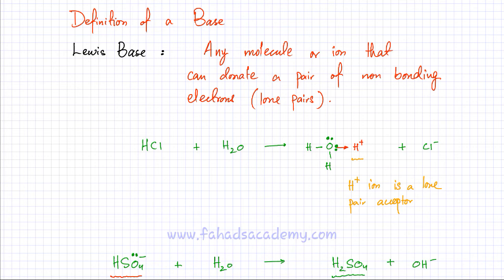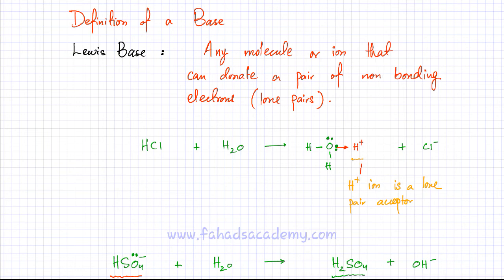So I'm going to take the same reactions that we studied when we were discussing Lewis acids. Now Lewis bases. So let's look at this first reaction where HCl is reacting with H2O, and it's forming H3O+ and Cl-. Now we said that H+, because it was accepting a lone pair of electrons, it was getting attracted to a lone pair of electrons. So that was called a lone pair acceptor, or it was called a Lewis acid over here.